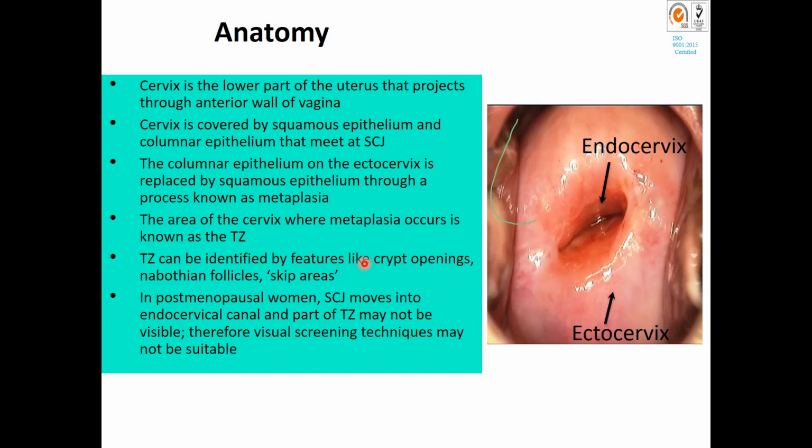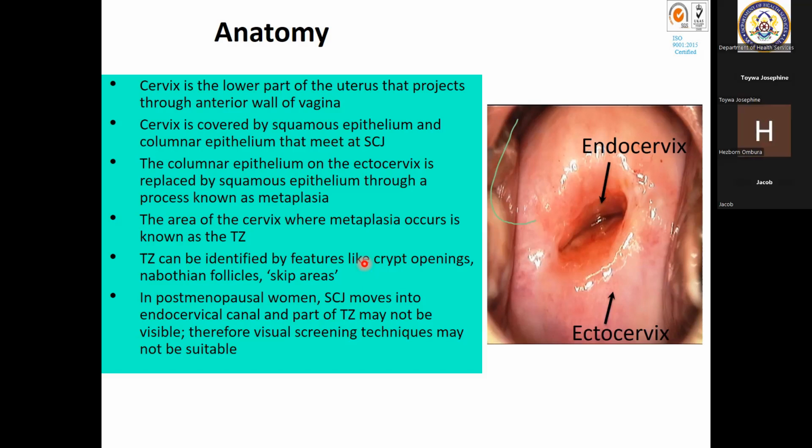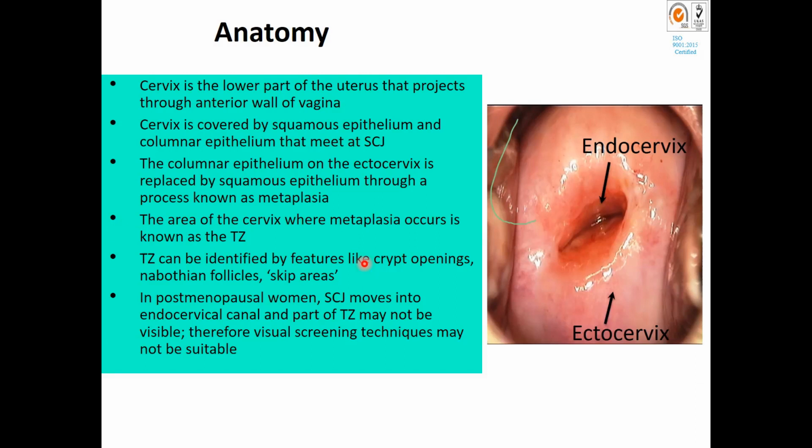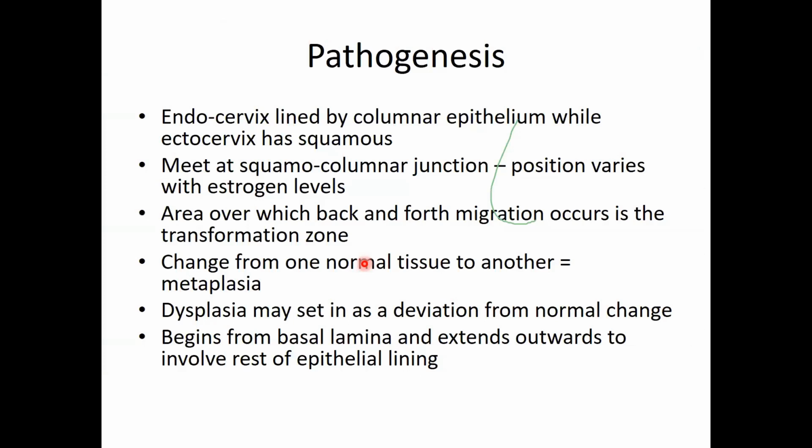And when the squamous epithelium is trying to cover up the columnar epithelium, what is happening there is something called metaplasia. And usually metaplasia means there is a change of a normal cell to another normal cell. But with cervical cancer, it is a change of a normal cell to an abnormal cell.